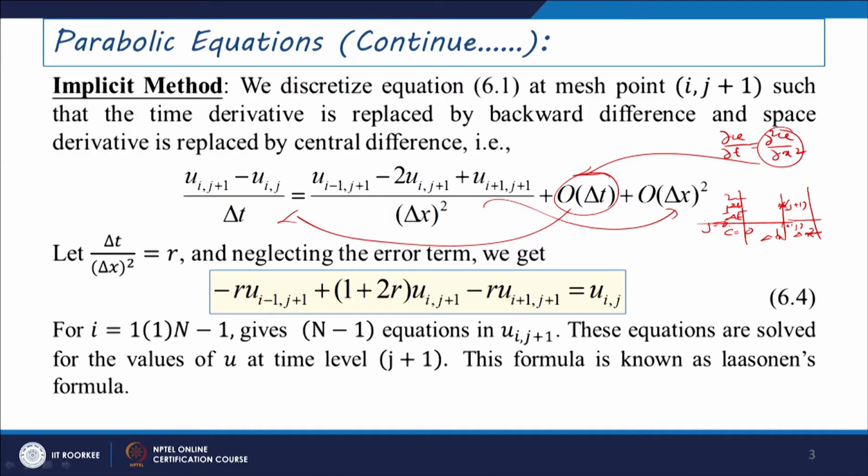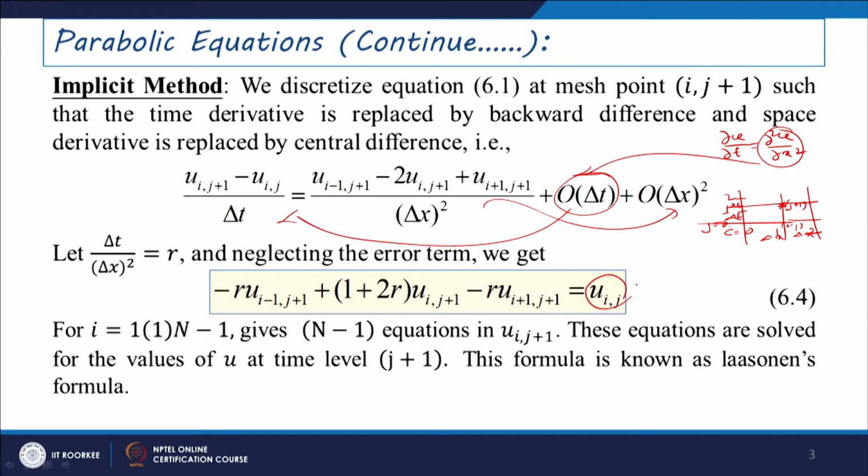At that level we signify the grid as the j plus 1th level. To find these values at the unknown level, we have to use values known to us at the known level. That is why we have u I, j on the right hand side of this equation, since these values are known to us.